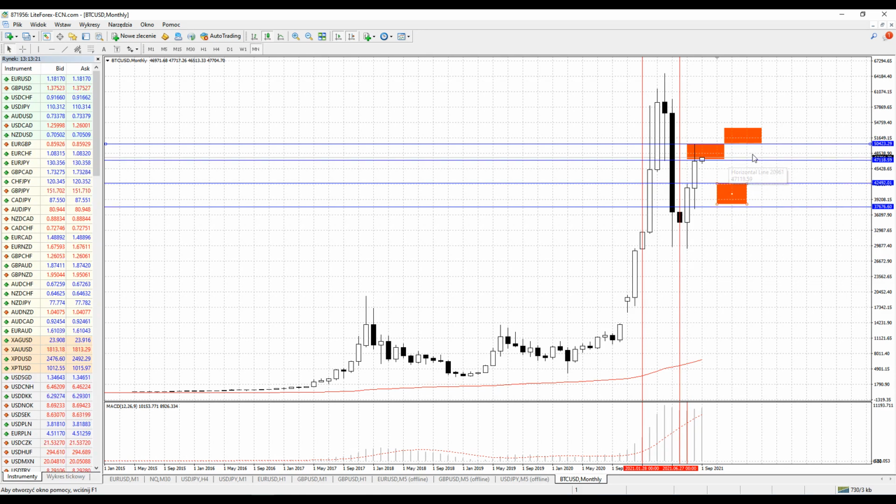So, taking into the consideration the possible price action to the upside, what you wanna do, you wanna watch very closely what is going on when the market is going to turn around.